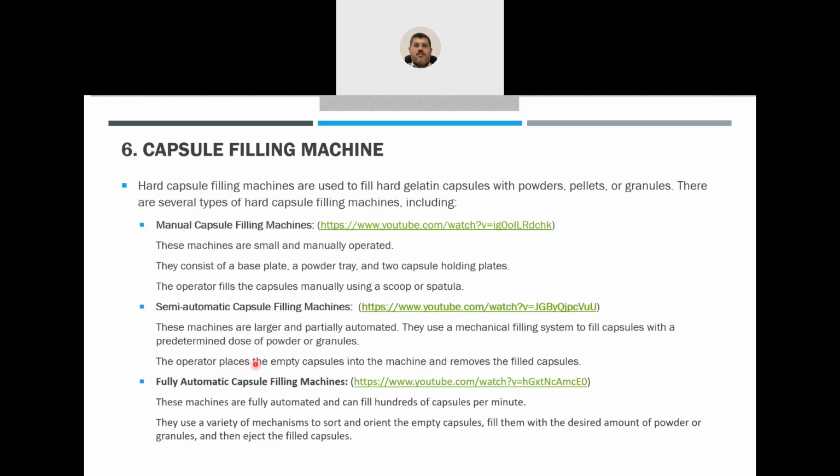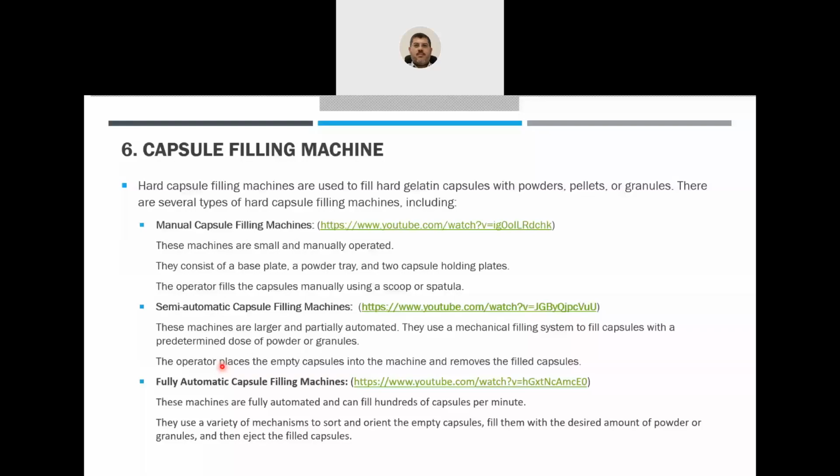Okay, so the capsule filling part and closing them is automated, but putting the capsules in and removing them from the machine is a manual operation.